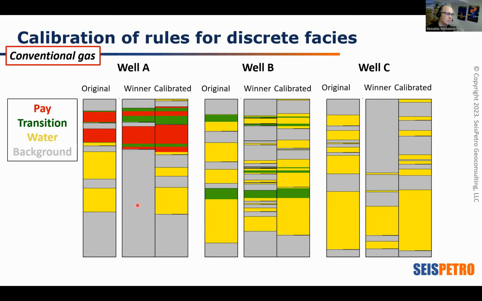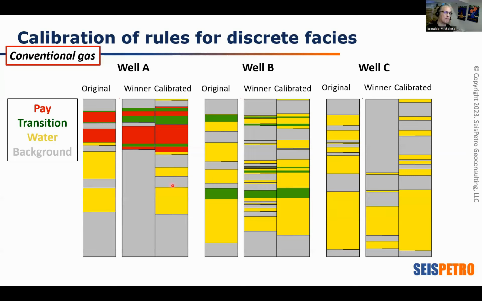We have too many samples of the background, so when we pick a winner, we don't see the water. But when we apply this calibration of the cutoffs of the probabilities, trying to reproduce what we see at the wells, then when we examine the results of that calibration, we see the water back.